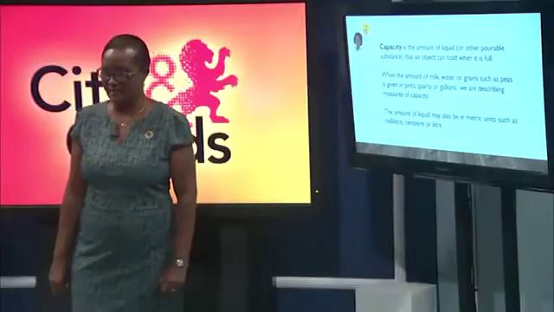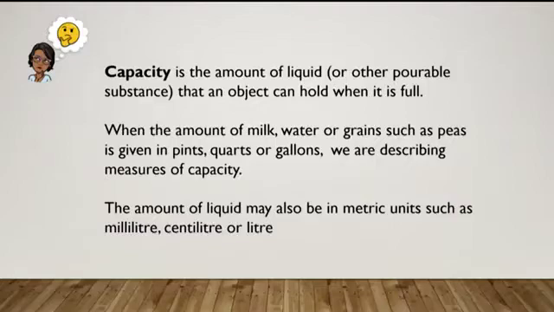Now, what is capacity? Capacity is the amount of liquid or other pourable substance that any object can hold when full. When the amount of milk or water or grains, for example peas, is given in pints, quarts, and gallons, we are describing the unit of measurement of capacity.